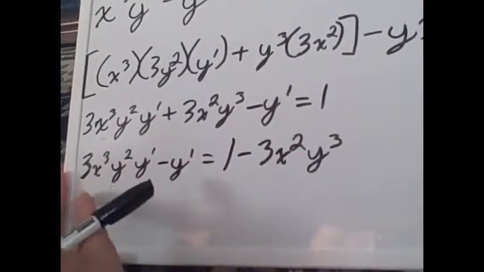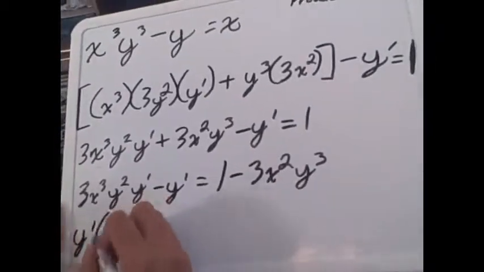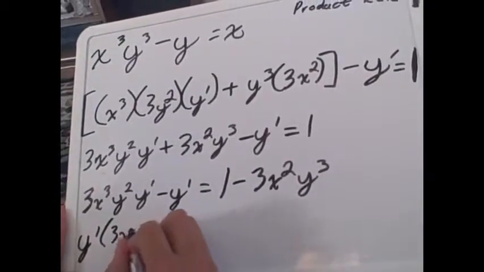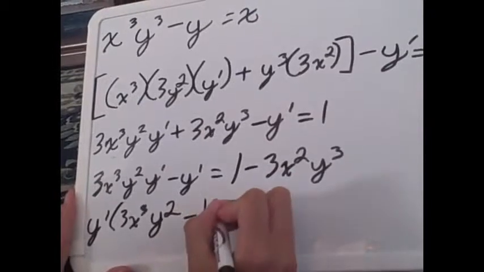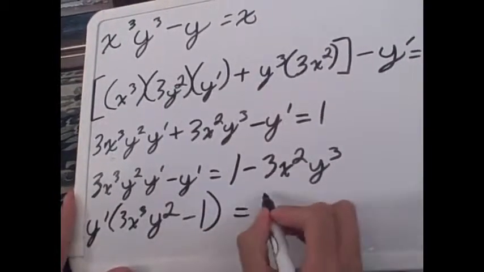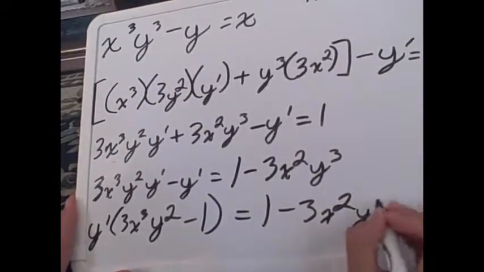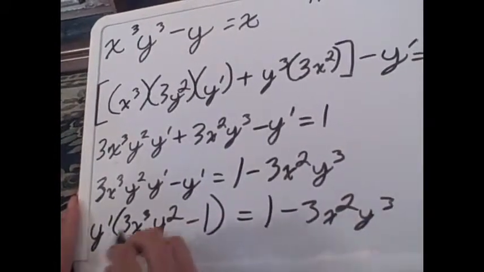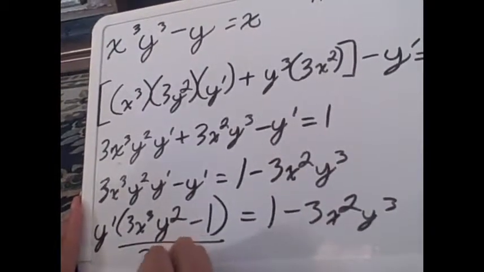So, now we go to the third rule, which is to factor out the y primes. And we get y prime, parentheses, 3x cubed y squared minus 1, equal to this. So now we divide by this thing on both sides.